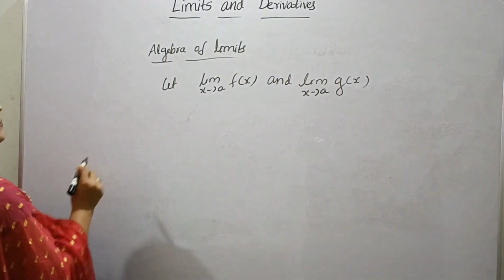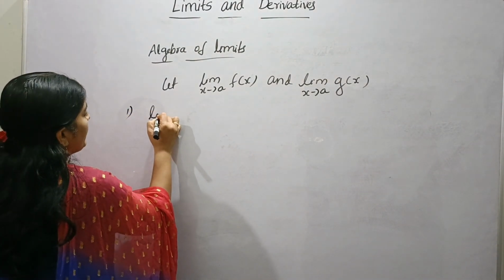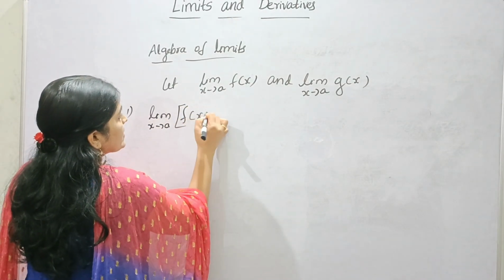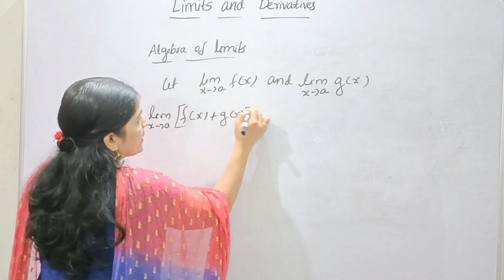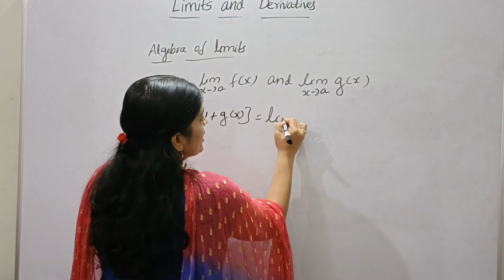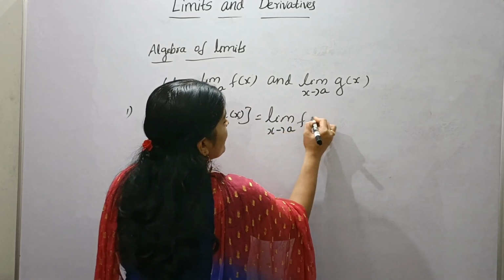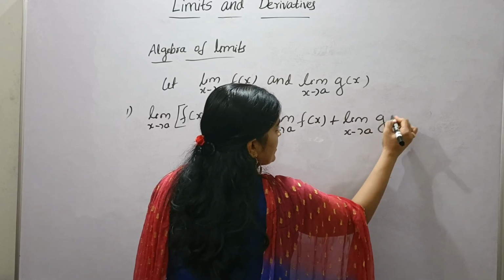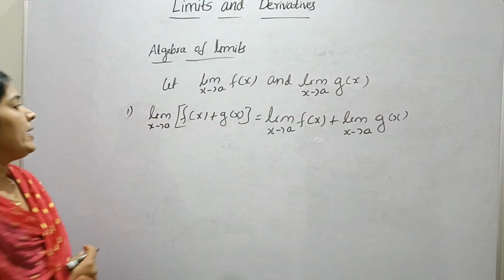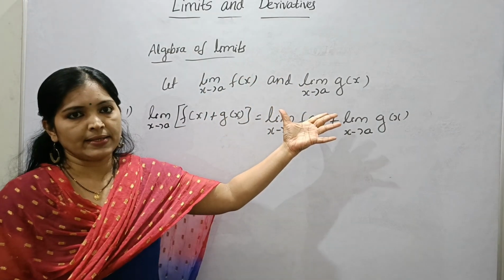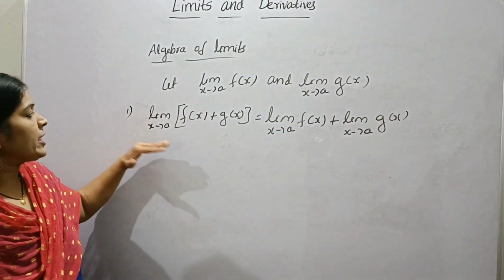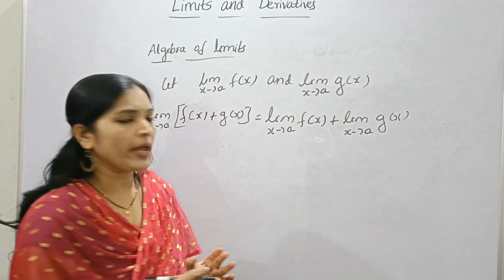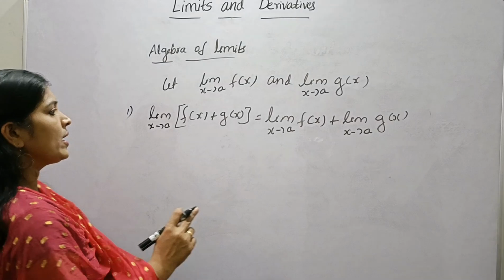Then the algebra of limits: the first one, limit x tends to a of f of x plus g of x is equal to limit x tends to a of f of x plus limit x tends to a of g of x.